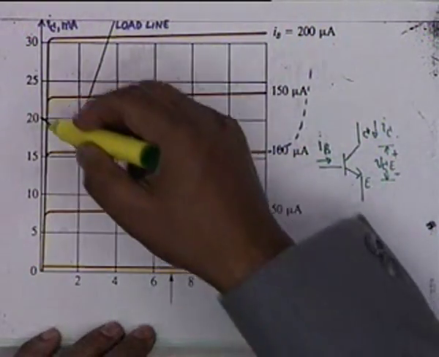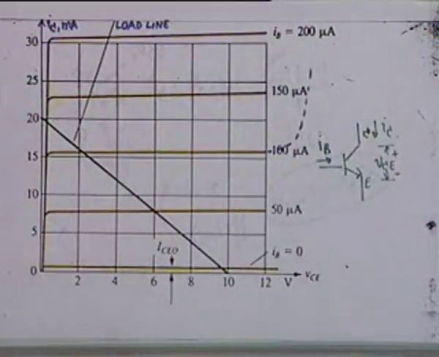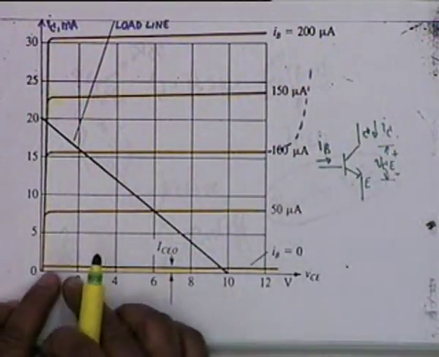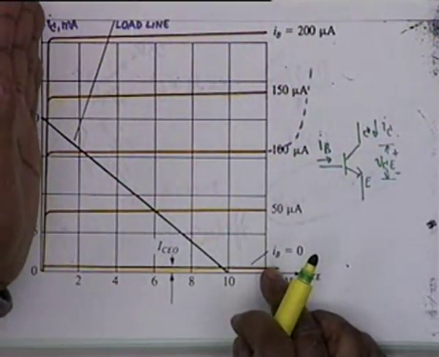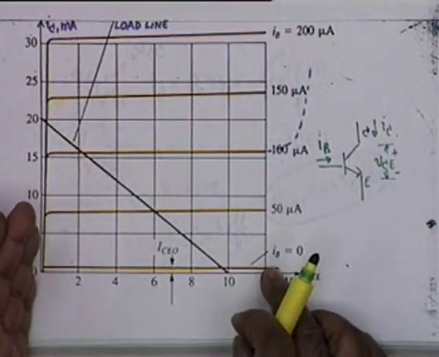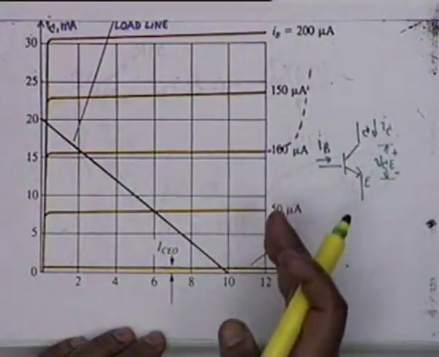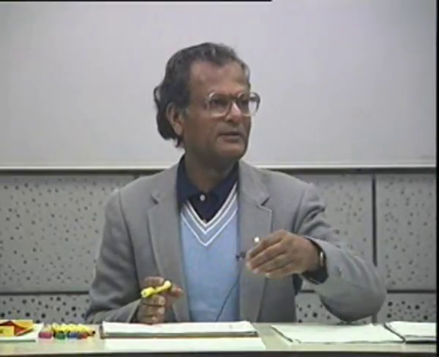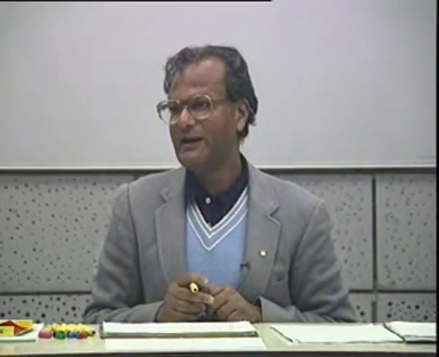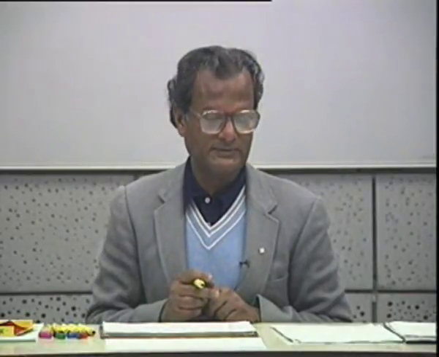So this is the load line. So the upper limit is settled by the load line, nothing else. The lower limit is set by cutoff. The left hand vertical limit is set by the saturation line, and the right hand limit is set by breakdown. Bounded by these four lines, we get the active region, and this is the region of interest as far as this course is concerned.